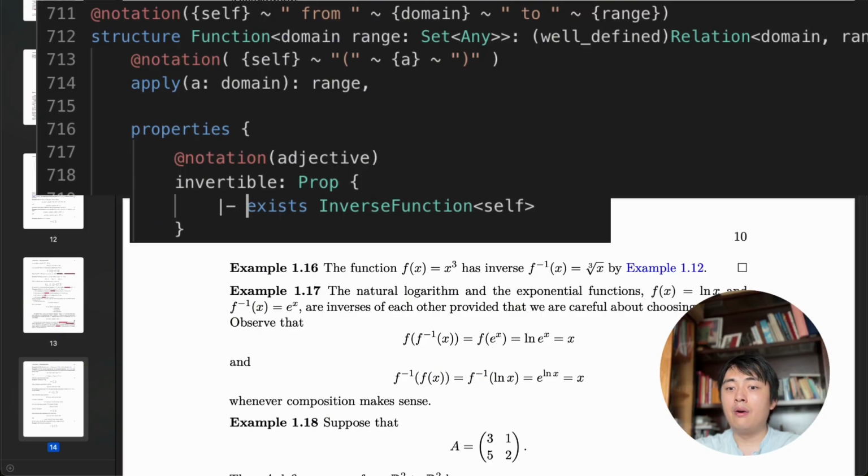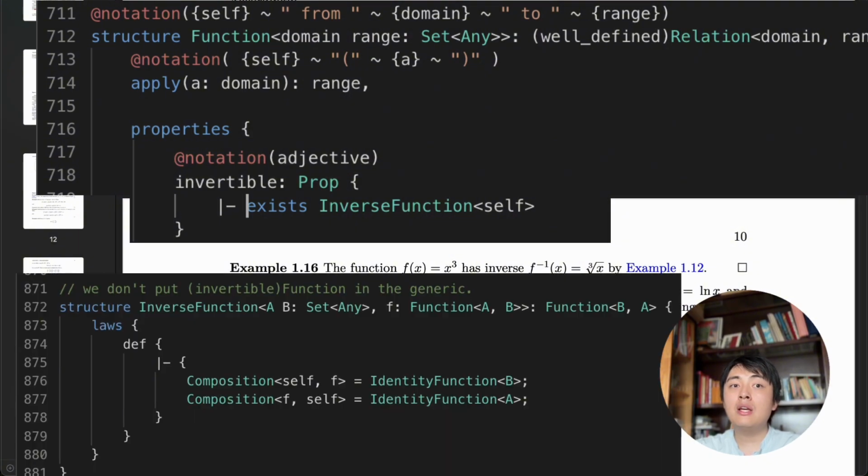We simply state that there exists an instantiation of this structure. What this means is that when we pass self into the inverse function, we must satisfy the law of the inverse function. So we are turning a law into something that we need to prove. Here we are trying to make an axiom into a theorem.